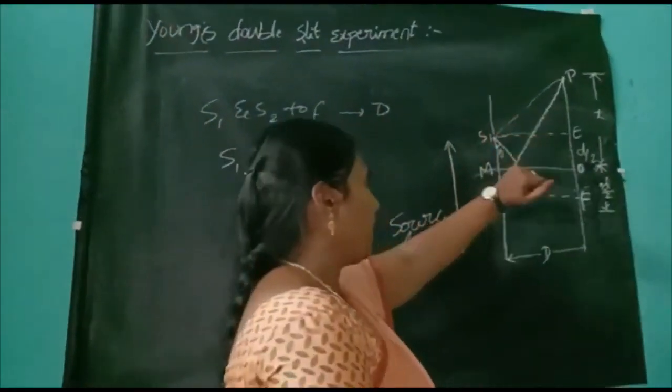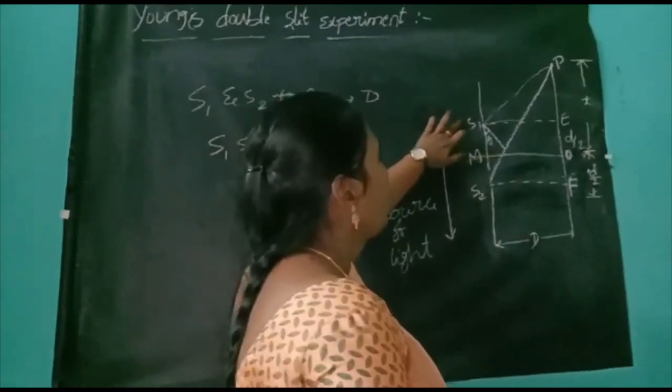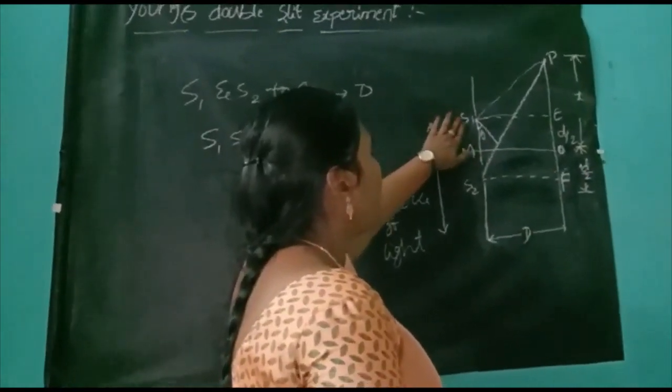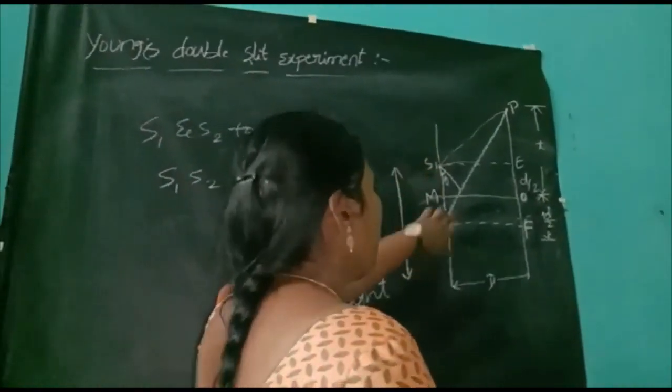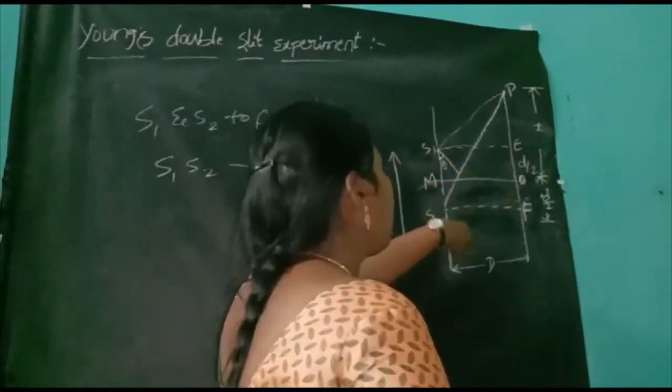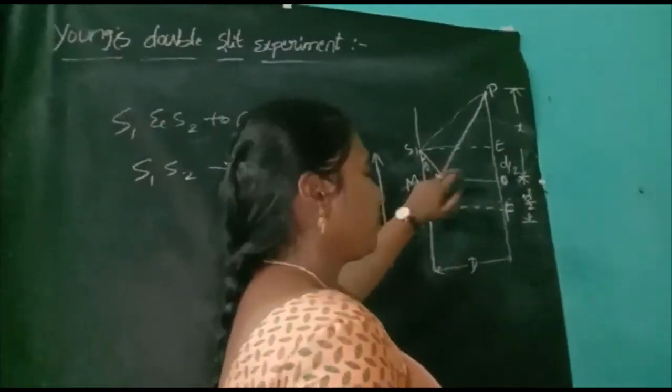The perpendicular drawn from S1 to the light ray S2P makes an angle theta.